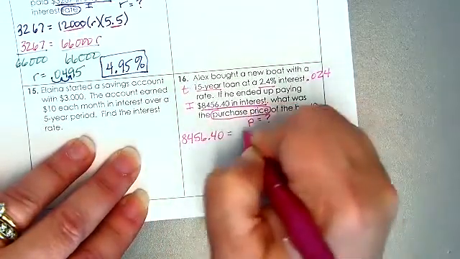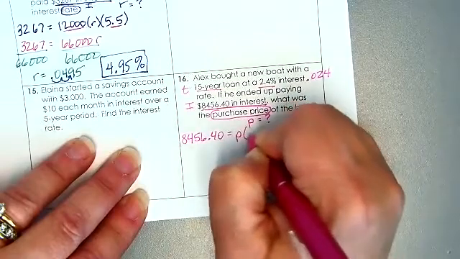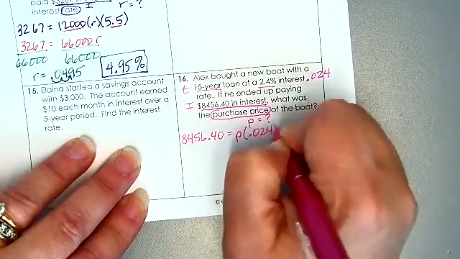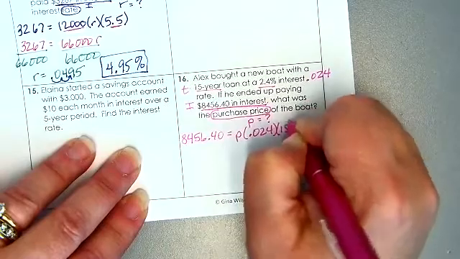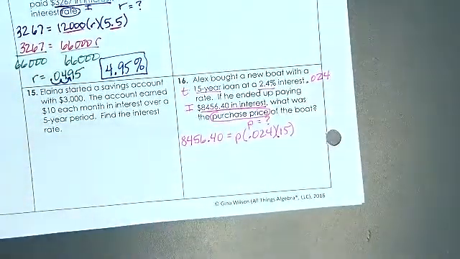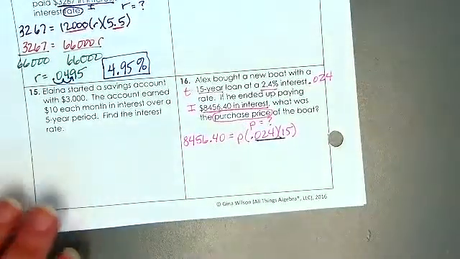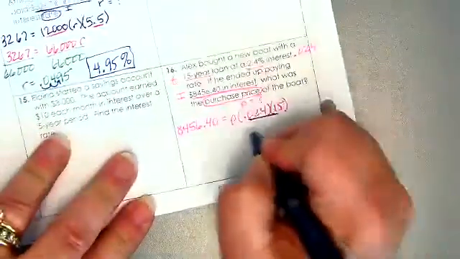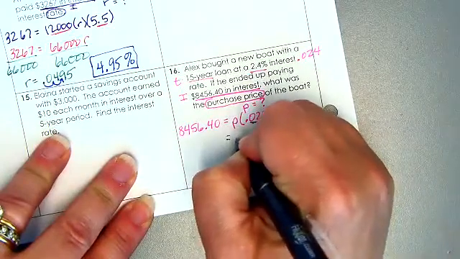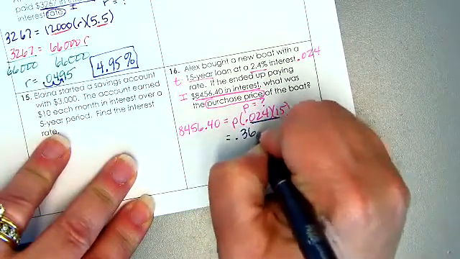So I'm going to end up with 8,456.40 equals P times 0.024 times 15. Multiply these two numbers and we get 0.36P.